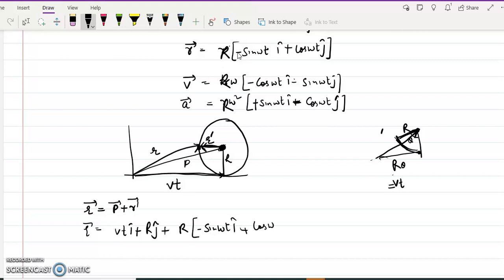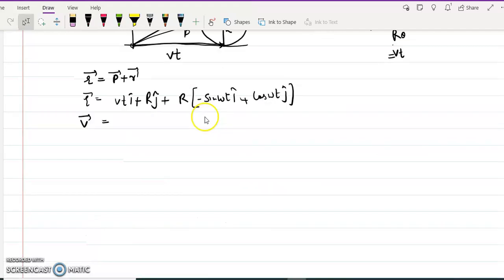So velocity will be just the differentiation of the terms. This will be v plus the differentiation of the other term. The wheel is moving uniformly, so we just differentiate with respect to time. From the first term v will come, and from the second we get R omega, and the differentiation of sine is cos, so minus cos omega t I cap minus sine omega t j cap.